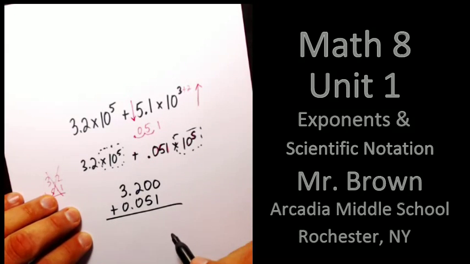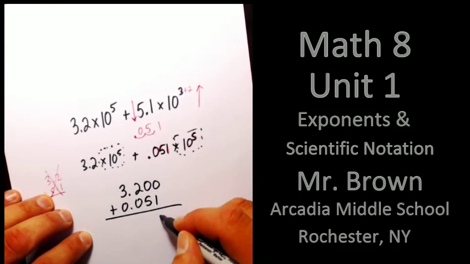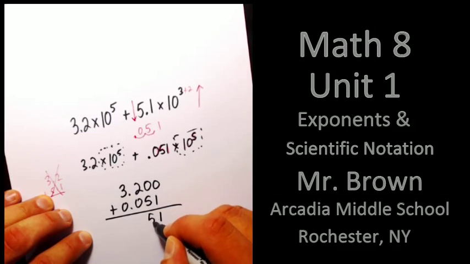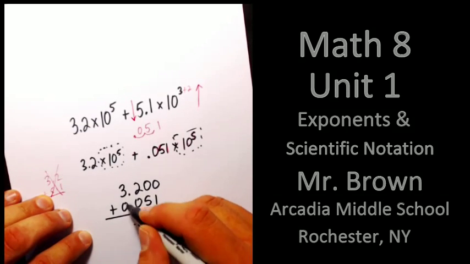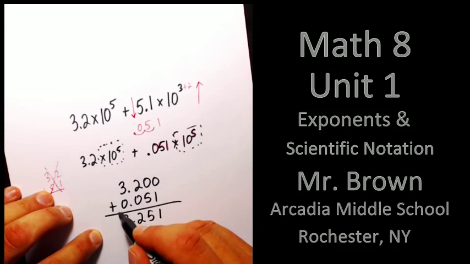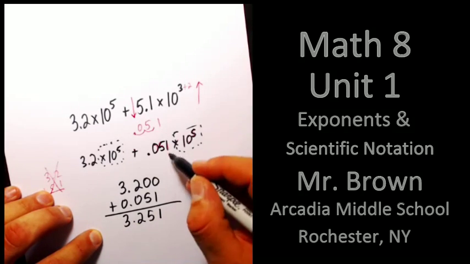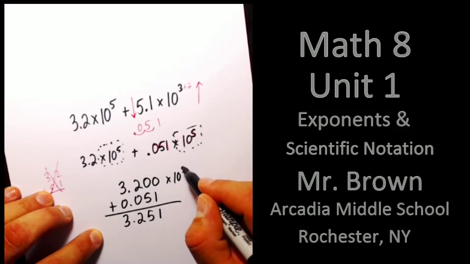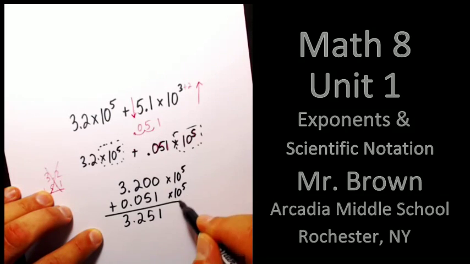I put some zeros right there. That's going to become 3.251. And notice that this is between 1 and 10. That's a good thing. And what did we add together? Oh yeah, we added 10 to the fifths types of numbers together. So that's 10 to the fifth power.